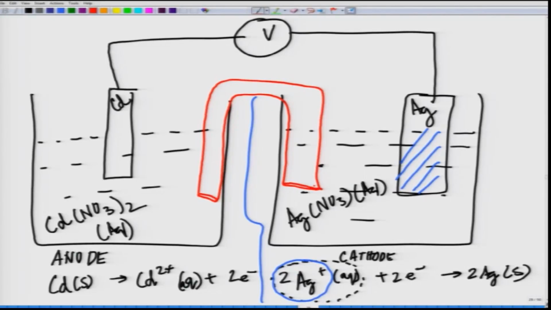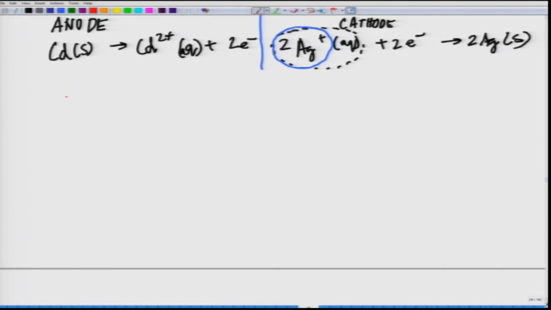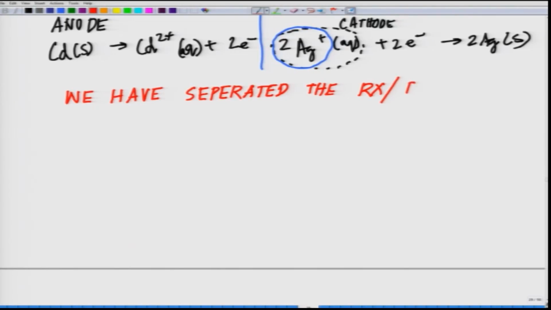Before I get into the salt bridge, we can separate the reactants into two half cells.